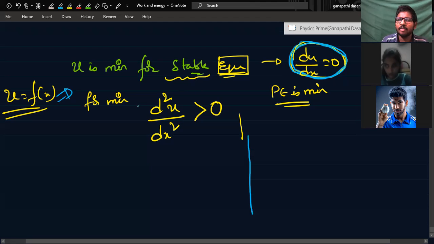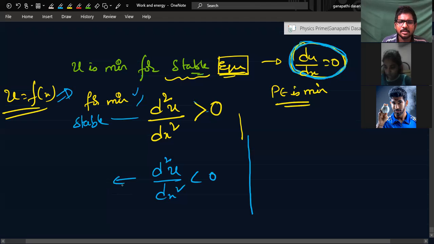And if you want to know whether it is stable or unstable, you need to check the double derivative. d square U by dx square greater than 0 means minimum, and less than 0 means maxima. So minimum is stable.